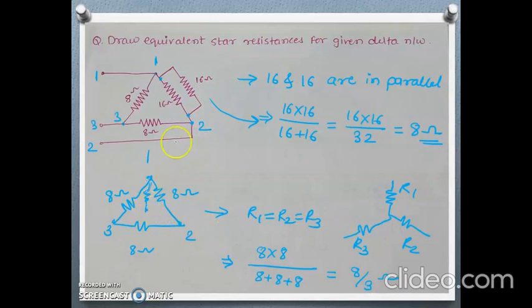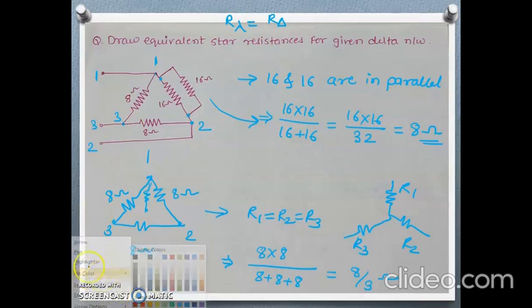Remember here one trick: when all the resistances are the same in a given delta, then its equivalent star will be as follows. Suppose R star is what we want, and this is R delta.